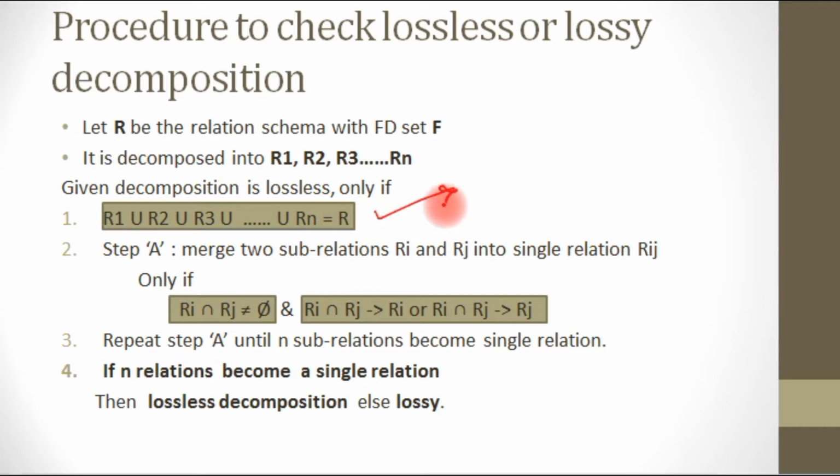What they are saying is, if the union of all the attributes of all the subrelations is equal to the original relation attributes, then this condition must be satisfied.